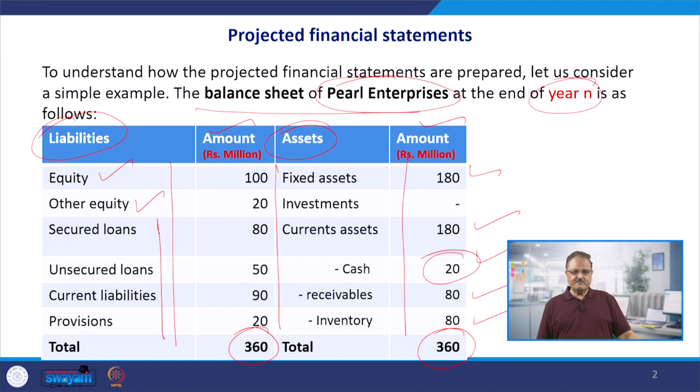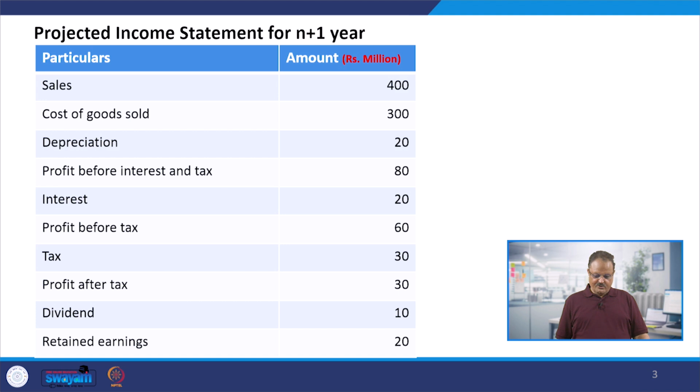From this information, and from some information available to us from the income statement for the projected year, the year N plus 1 immediately after the year N, we are required to prepare 3 projected statements.